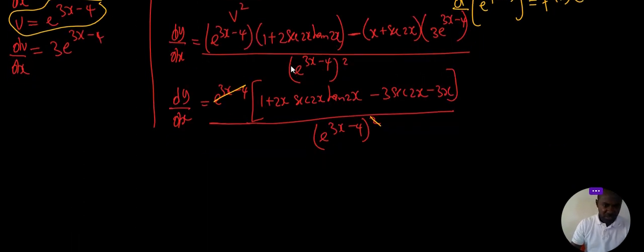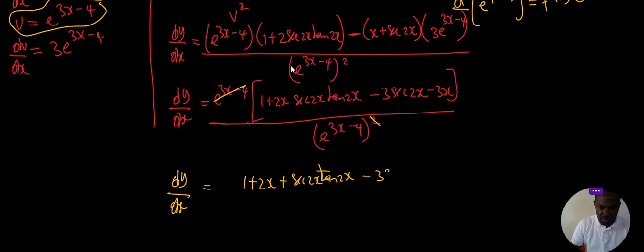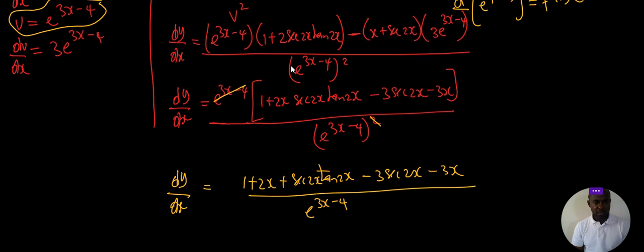So therefore, the final answer, dy by dx, is equal to 1 plus 2x plus sec 2x tan 2x minus 3 sec 2x minus 3x all over e to the 3x minus 4. And that is the derivative, right?